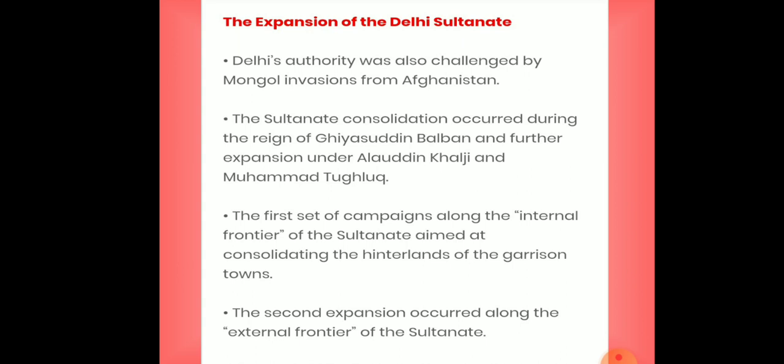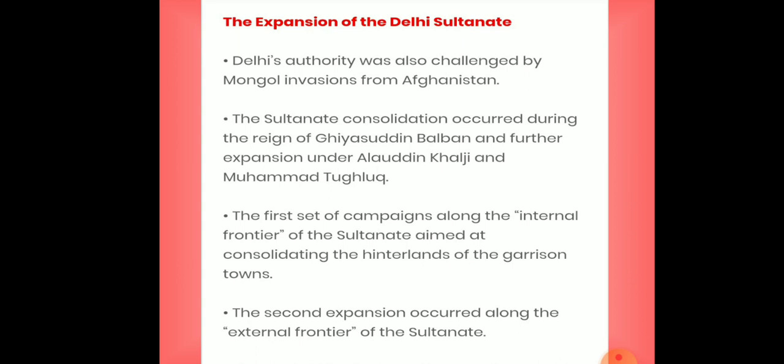That is what we know as a garrison town. So garrison towns expanded during the rule of Ghiyasuddin Balban, Alauddin Khilji, and Muhammad bin Tughlaq. They were trying to consolidate the hinterland of the garrison town so that they could expand.